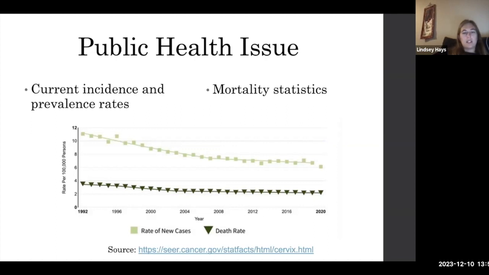Mortality rates have slowly declined over the past 3 decades, with the death rate being 4 out of every 100,000 people, and that has now decreased to about 2 out of every 100,000 people in 2020. So you can see that those curves have started to decline. And these statistics are in the United States.